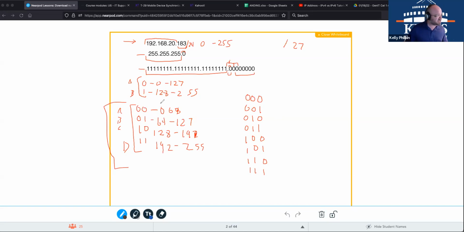So we have 8 networks now because we've added that extra bit, the third bit. The first bit gave us 2. We double that, we got 4. Double that again, we get 8. /27.